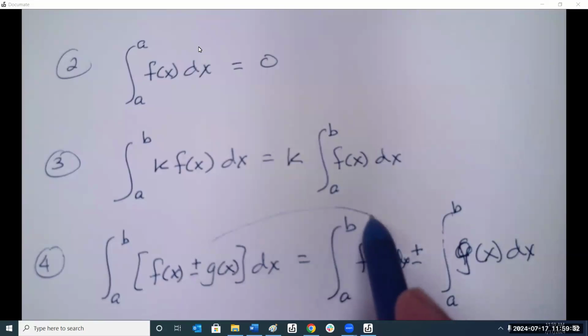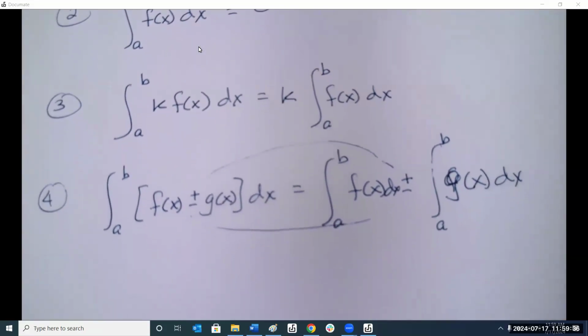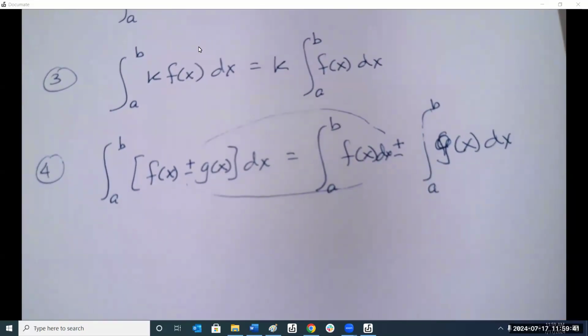If that's plus, it's plus. If it's minus, it's minus. So far, so good. It's the same thing we've always done, really. So when we separate them.